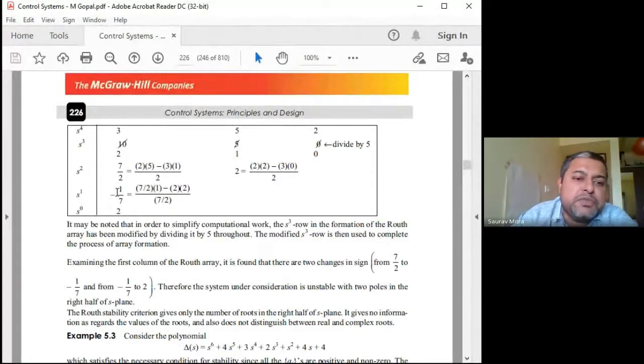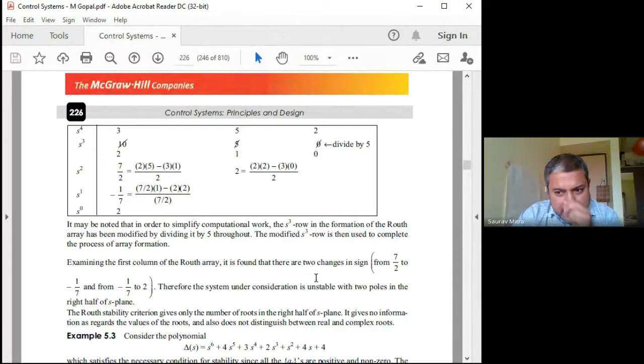If you do it, it comes to be minus 1 by 7. And the last line is minus 1 by 7 into 2 minus 7 by 2 into 0, divided by minus 1 by 7. So the last line is this 2, whatever is the 2, it comes here. So you just do this table once and you will understand how to find it.